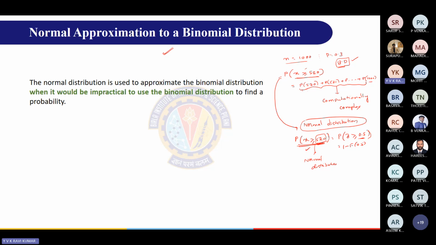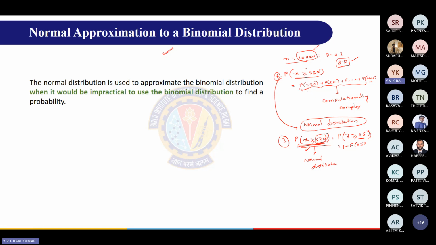Even then, comparing the computational aspect of this as well as this, even if you program it, here it has to compute all those things, right? Whereas here it doesn't matter. Suppose n is 1 lakh, and this is 5,200.